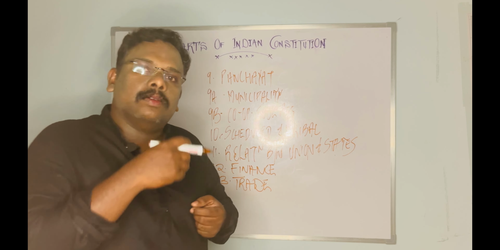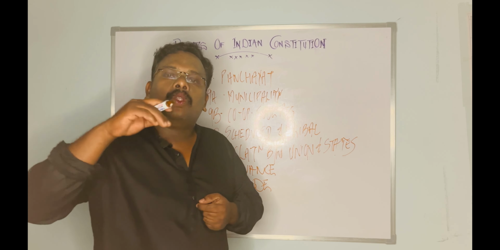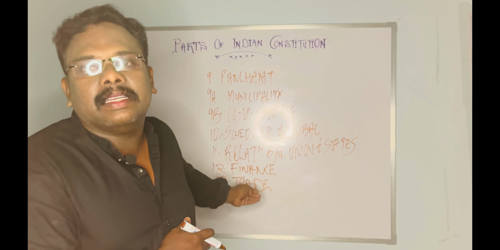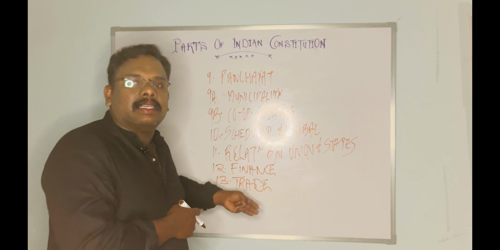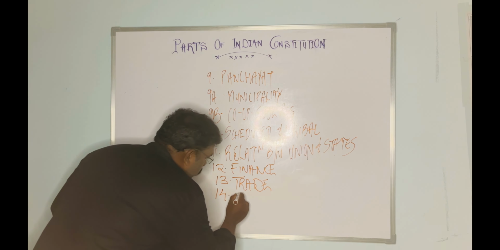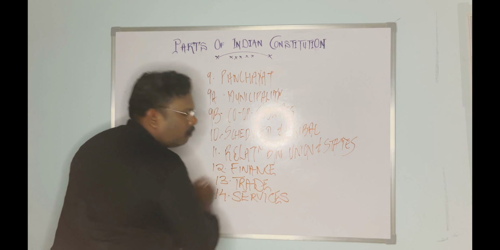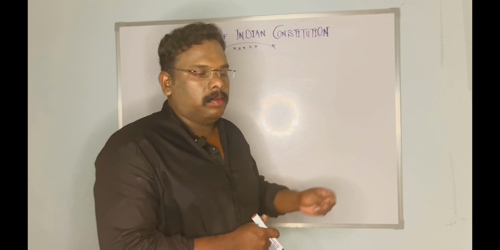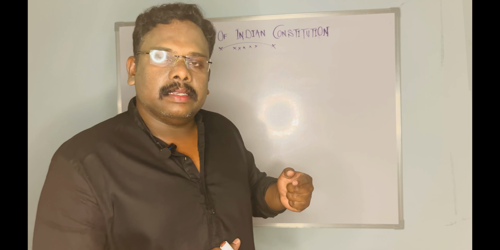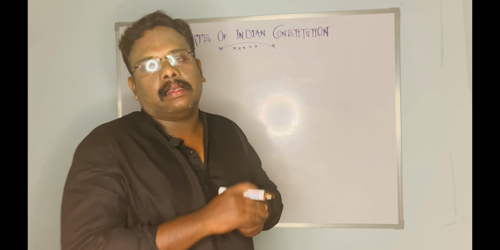How will the government use that money? By providing various services to its people. So it is easy to remember that the next part is services. All India services will come under this part. Services we just covered. Then the next part is, imagine we are getting services from the government.